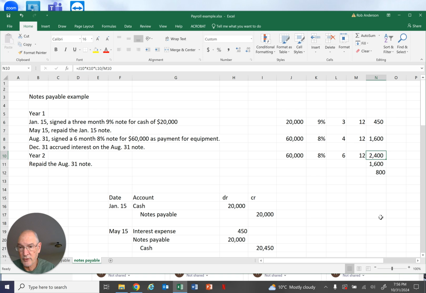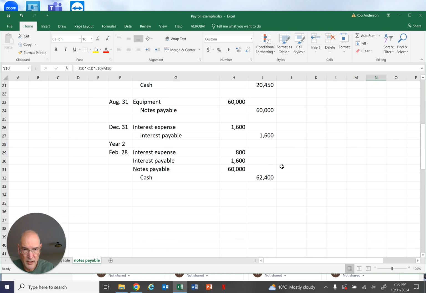Here's our total interest, $2,400, plus the $60,000 principal amount, so we pay $62,400. Now you'll notice that there are no accounts left on the balance sheet. The notes payable has been paid, the interest payable has been paid, and now we have an interest expense in the current year. So that's an example of two notes for you, one of which we have to accrue interest, both of which are short term. And we may look at a long-term note in another chapter, but that's it for this example.